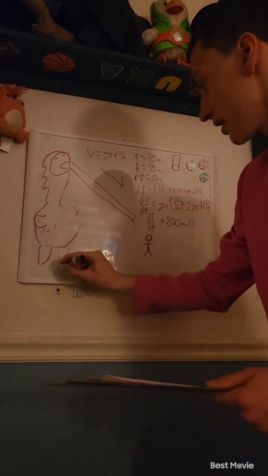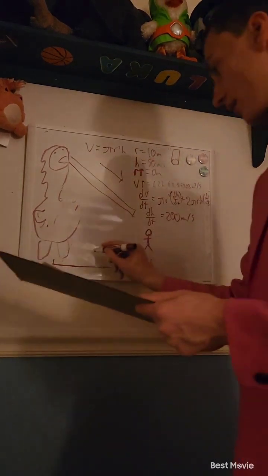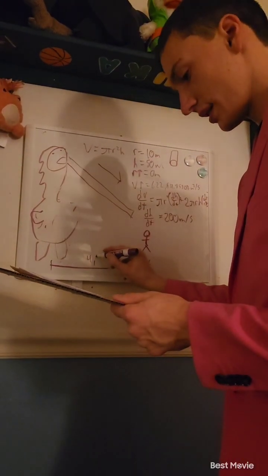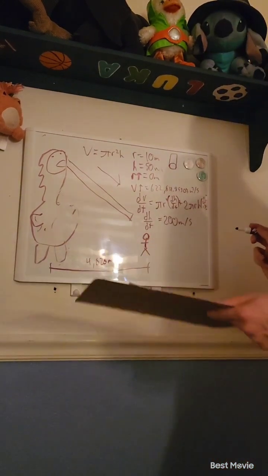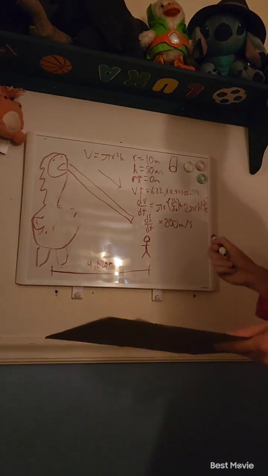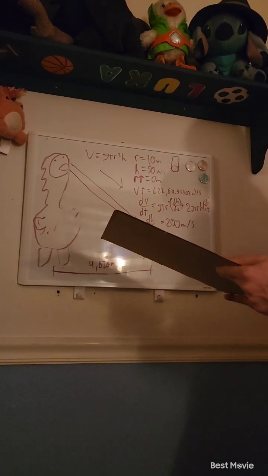Alright, now on to the second part. We know that we are 4,828 meters away. And we need to know how long we have until the laser from Godzilla's mouth hits us. Alright?